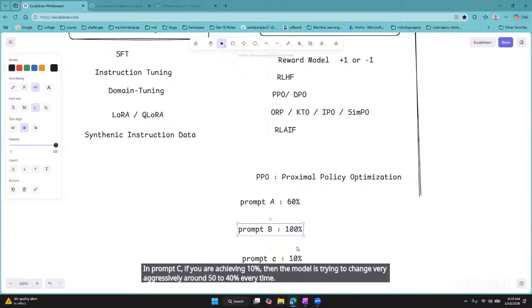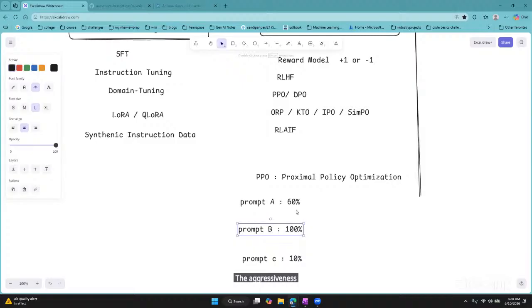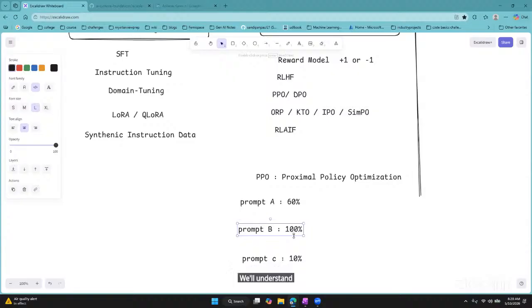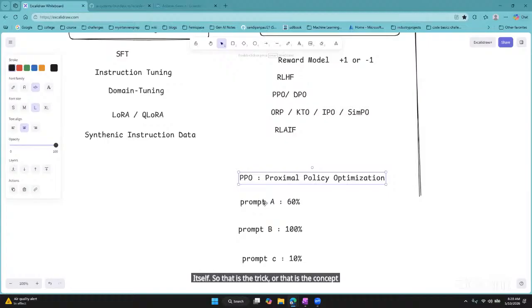Then the aggressiveness that you are seeing means the instructions provided to the LLM are not so correct. Maybe anything could be the reason, but proximal policy optimization will understand this better to align the stability by optimizing itself. That is the trick, the concept present in proximal policy optimization, which became important in LLM alignment.